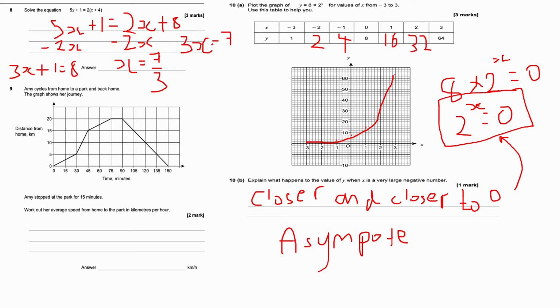But we say that as x tends to a really small number, then it will get closer and closer to 0. So if I have 2 to the negative 10, it will be 1 over 2 to the 10, which is going to be a very small number on your calculator.